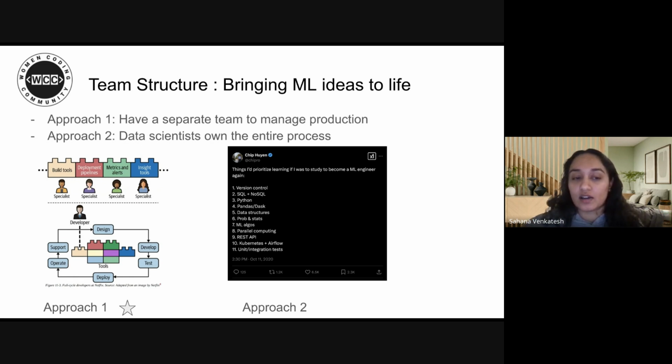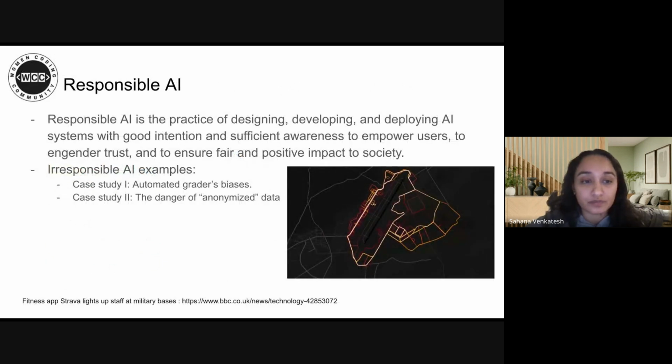A lot of ML projects need a lot of infrastructure components, so most of these projects apparently start with people with the right skill set setting up the infrastructure, and slowly they write code to replace themselves, so that the data scientists can use the tools they built and don't need to work with an actual person to bring their ideas to life. Another thing talked about in this chapter is responsible AI.